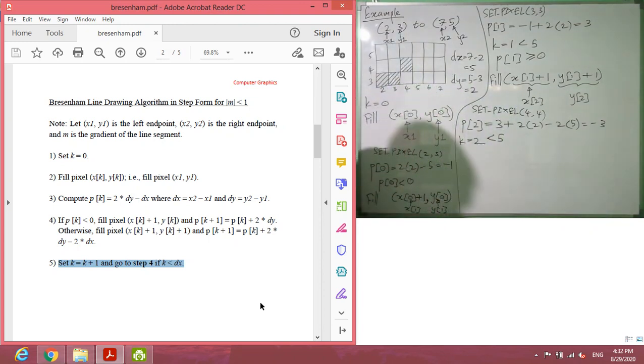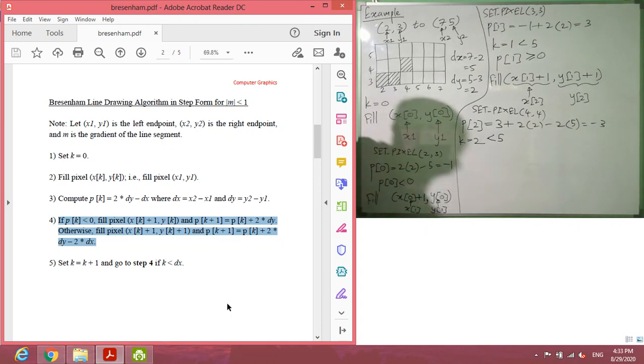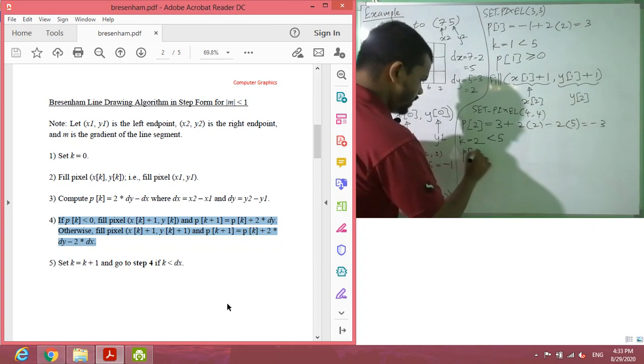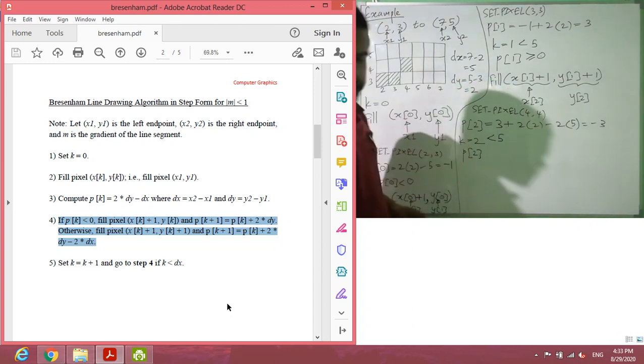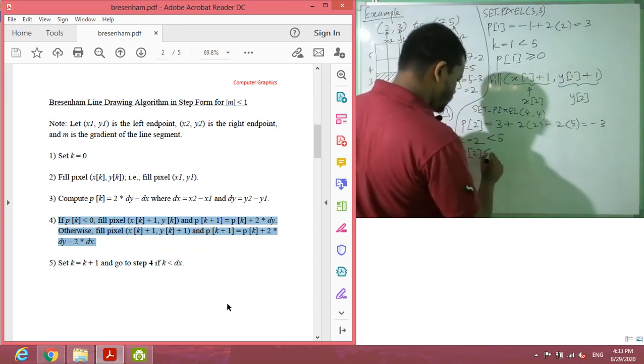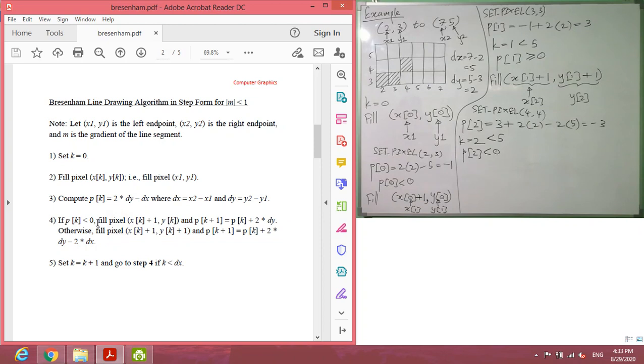Therefore we go to step 4. There we check whether P2 value. Yes, this time it is less than 0. It is minus 3 and it is less than 0. Therefore, this part will be executed.